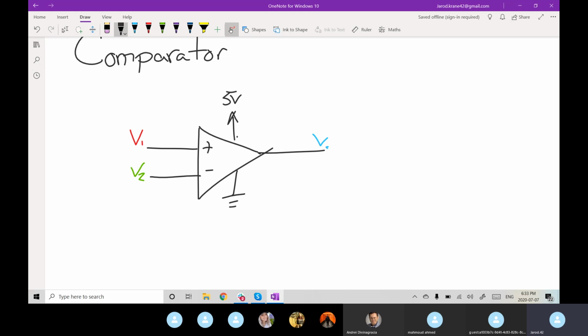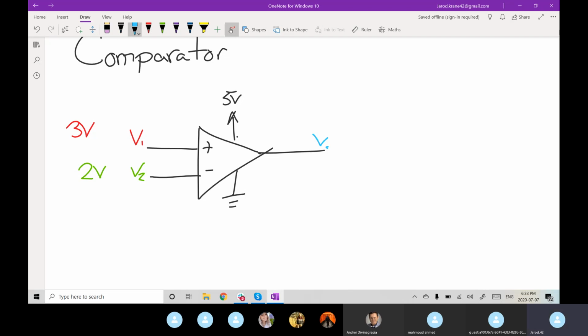Now, if we are sending say 3 volts and 2 volts, because of our infinitely high gain, we see a difference of 1 volt between the two. And now that gain is getting amplified by infinity.